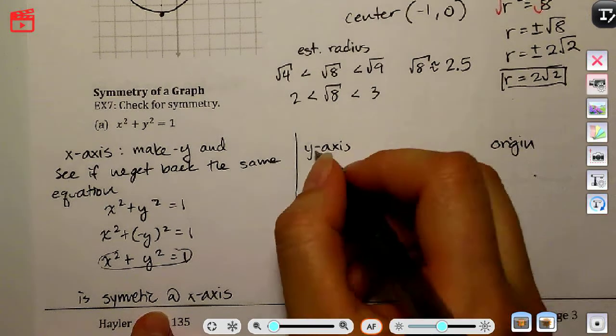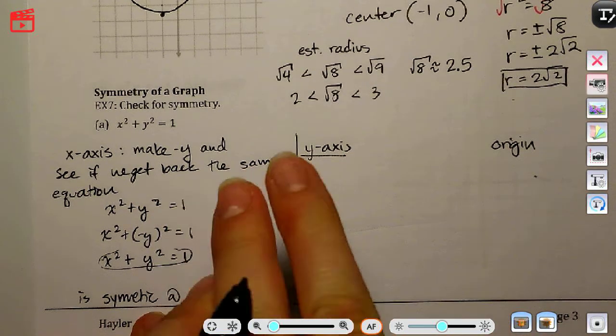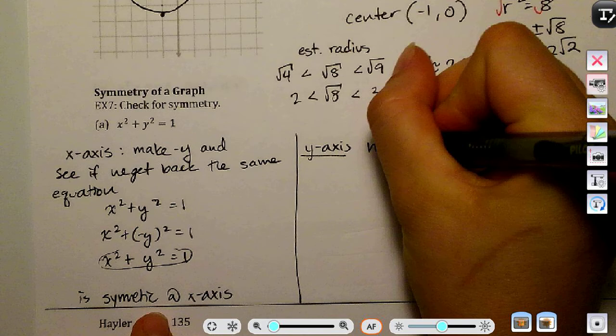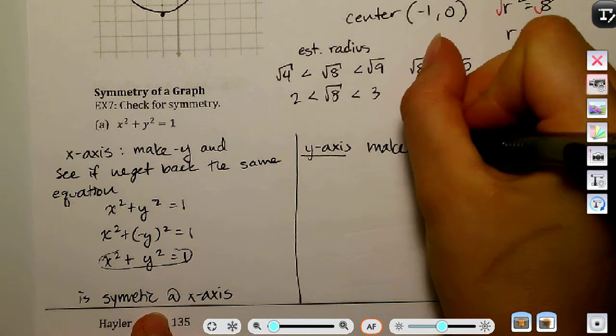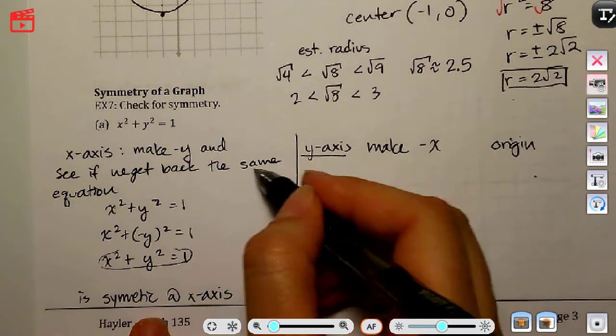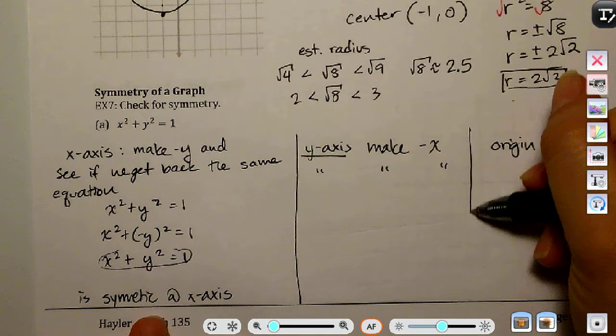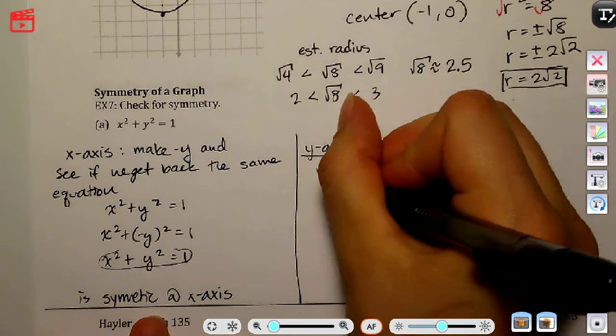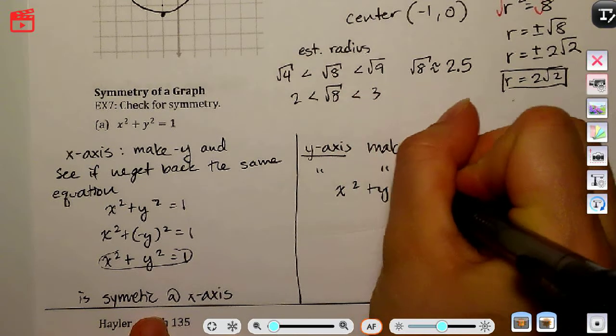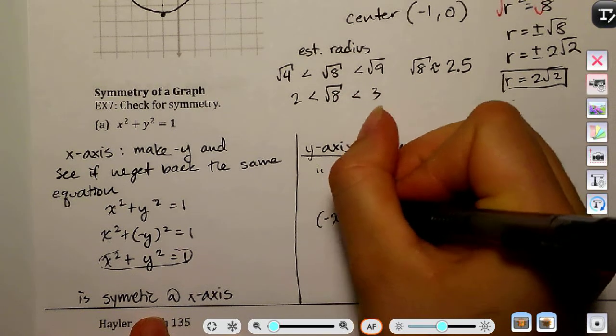All right, let's check symmetry about the y-axis. So this time it's different. We're going to make x the negative and check to see if we get back the same equation. Let's go ahead and do that. So we start with x squared plus y squared equals 1, plugging in the negative value for x.